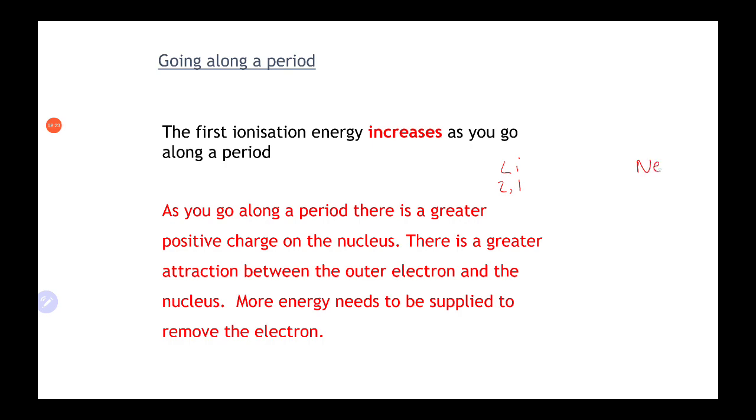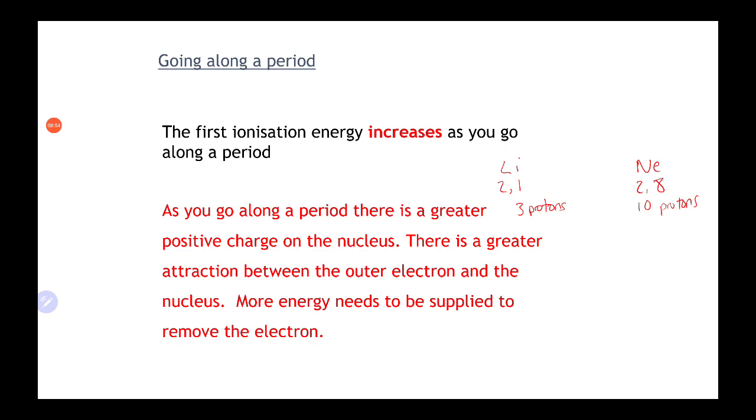So in other words, imagine we had lithium again, so these are the same examples we used last time, and neon. So obviously we've got 3 protons in total for lithium, and then 10 for neon. What's actually going to happen is that those 10 protons have a greater positive charge than the 3 protons, so those electrons are going to be more tightly held towards the nucleus than they would have been in lithium.